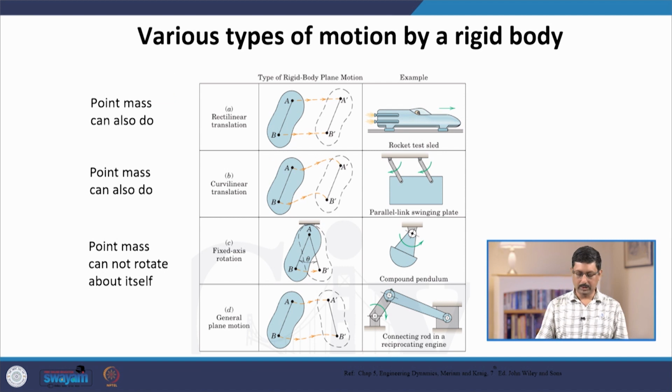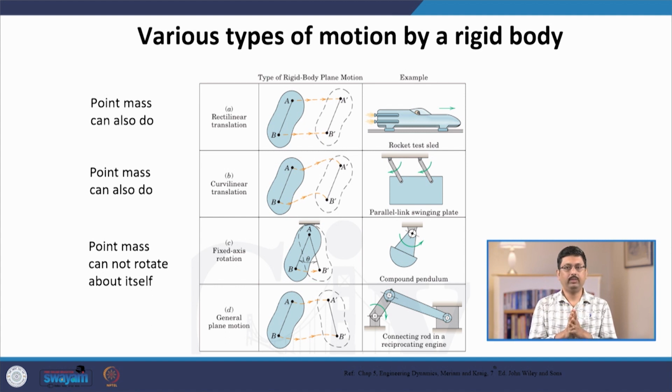Now with this background, for an extended object we have computed two properties. Even though we have an extended object, if I still want to represent it by some representative point, that will be the center of mass, and we discussed how to locate the center of mass.